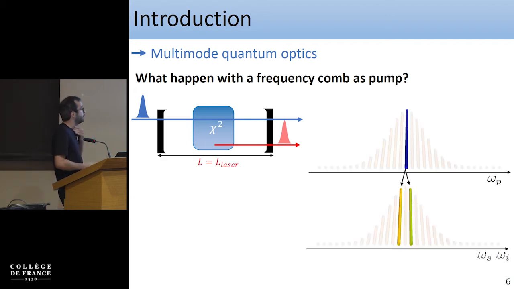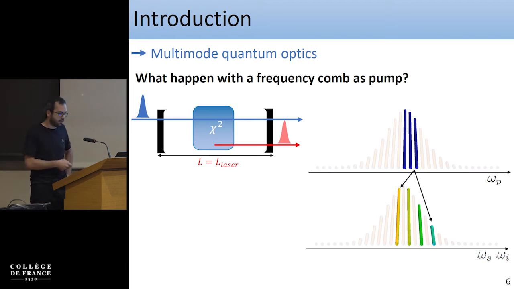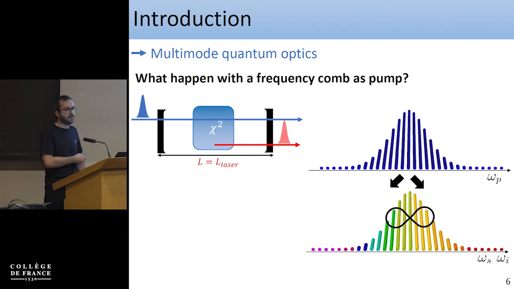So what happens if I take my two frequency combs? One photon from a blue mode here can create two photons here, so they are entangled. But you have other choices. From this one, we can create entanglement between the yellow one and the more green one, etc. So what we observe is that we can create entanglement among this frequency comb.